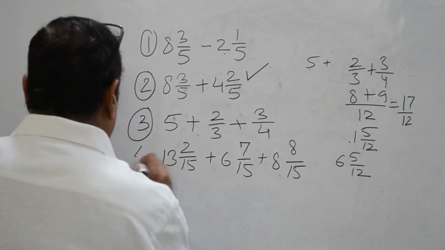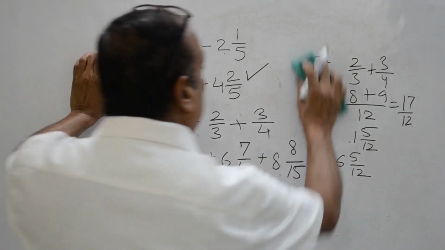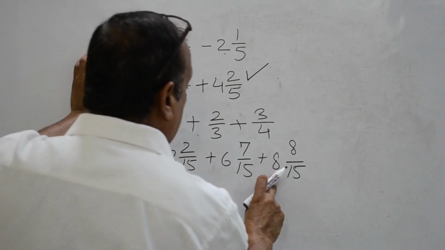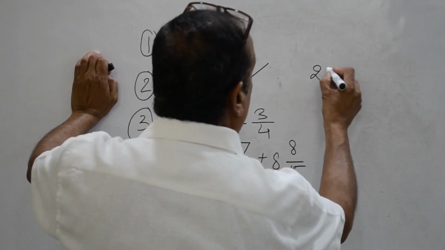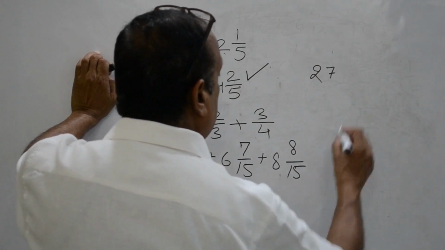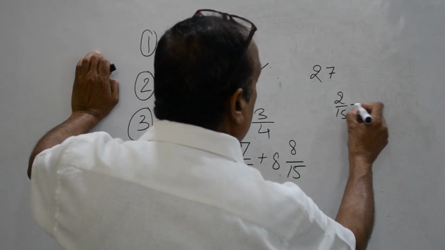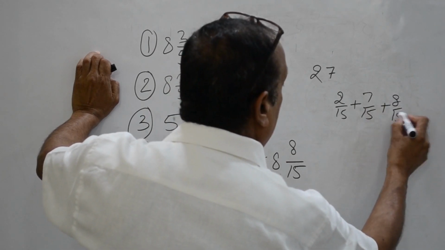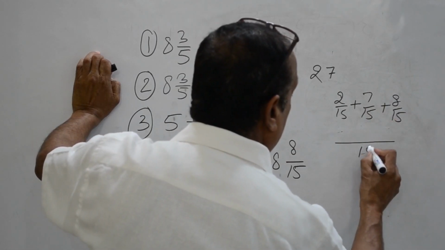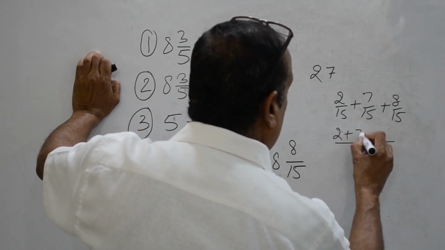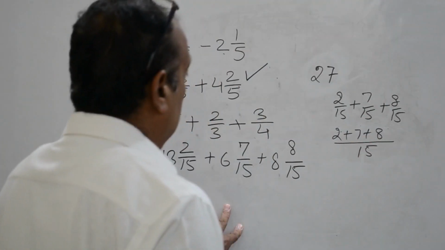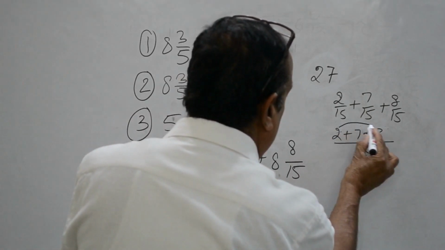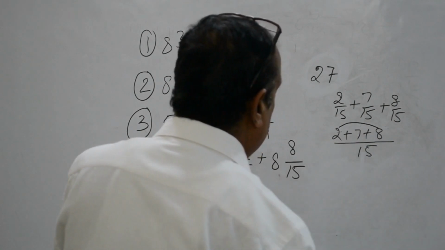Now let us come to the fourth problem. So it is 13 and 6, 19 and 8, 27. The whole number total is 27. The fractional part is 2 upon 15, 7 upon 15 and 8 upon 15. LCM is 15. So 2 plus 7 plus 8. So the total is 2 plus 8, 10. 10 plus 7, 17.